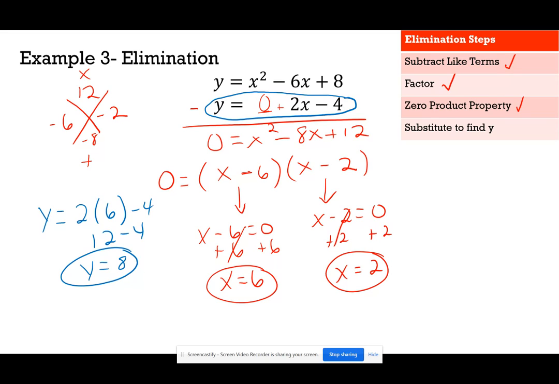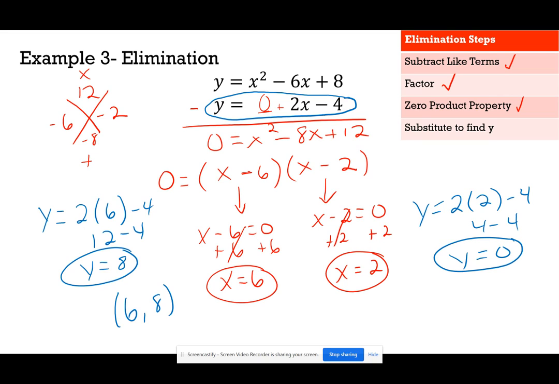All right, so if my x was 6, my y is 8, my ordered pair would be 6, 8. And then over here, I'm going to do the same thing. So y equals 2 times 2 minus 4. Well, 2 times 2 is 4 minus 4. So y is equal to 0. So my ordered pair would be 2, 0. So 6, 8, and 2, 0 are my solutions.